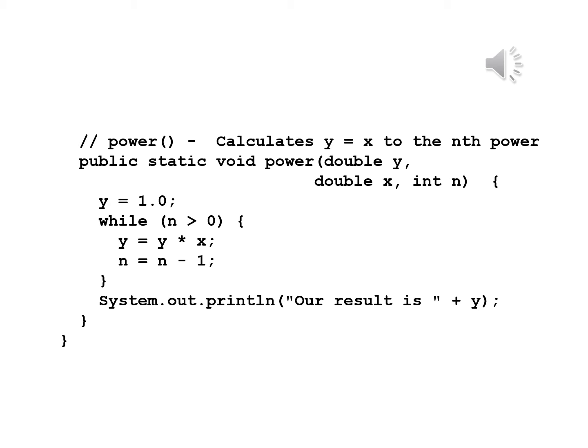Inside the method, we write y equals 1.0, and then while n is greater than 0, open brace, y equals y times x, and n equals n minus 1. After the close brace, we write System.out.println, our result is y, a close brace for the function, and a close brace for the program.